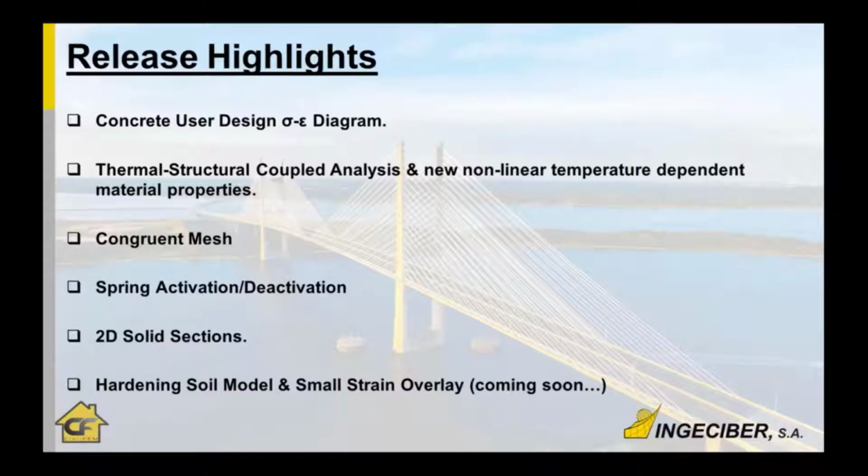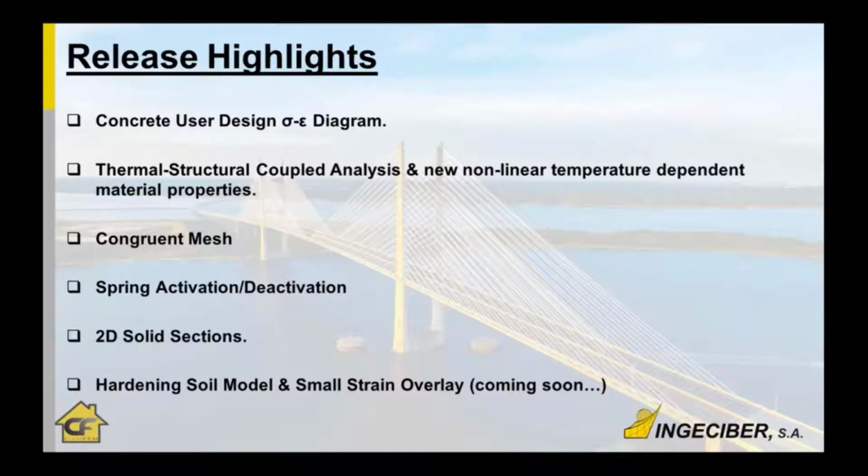For the springs, we have added activation and deactivation options that can be used for a stage and evolutive construction process. Also, 2D solid sections. A solid section is a cross-section performed in solid element models where they are integrated to obtain forces and moments in the same way as if they were a beam for design.